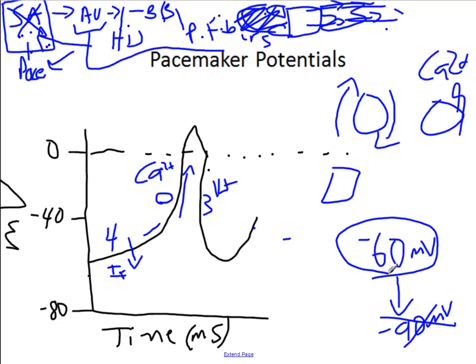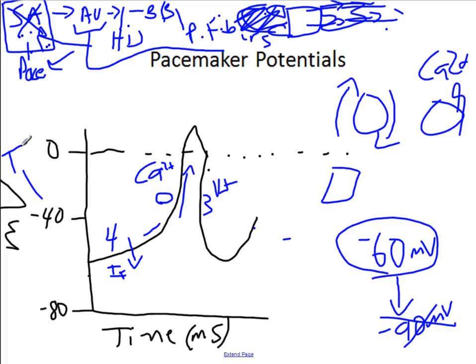Remember, these are electrically sensitive channels, and since these cells normally don't dip down to negative 90 millivolts, those channels aren't going to open. So these cells depolarize at a slower rate, and once we reach negative 40 millivolts, we could call that the threshold at which the faster aspect of depolarization will occur.